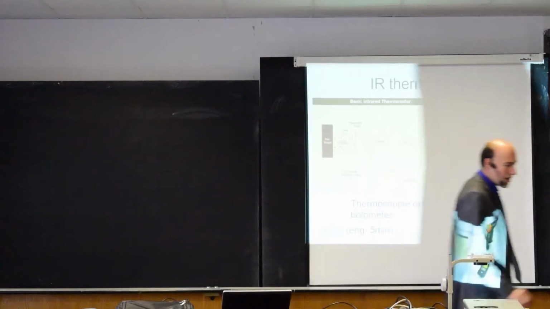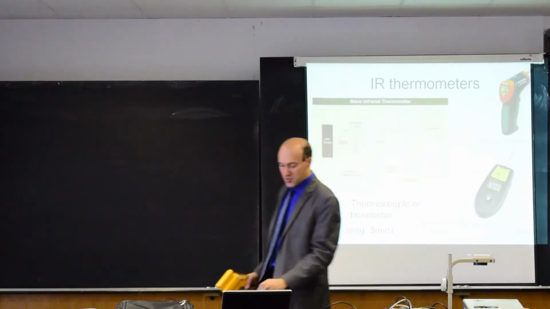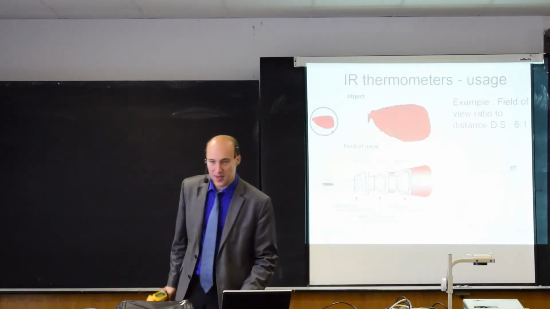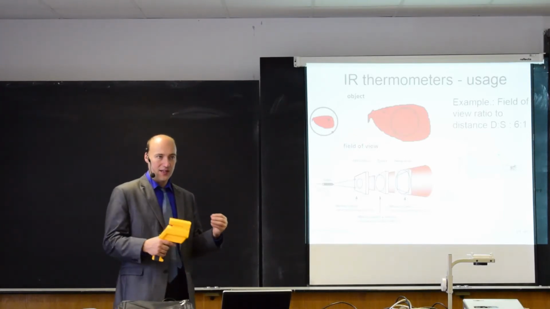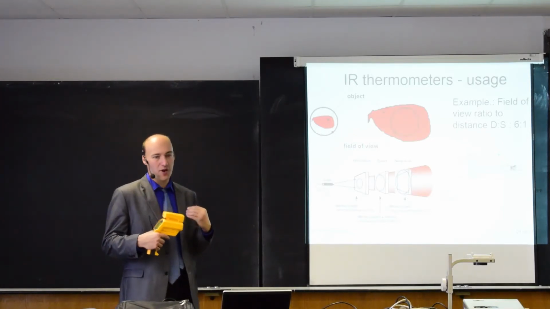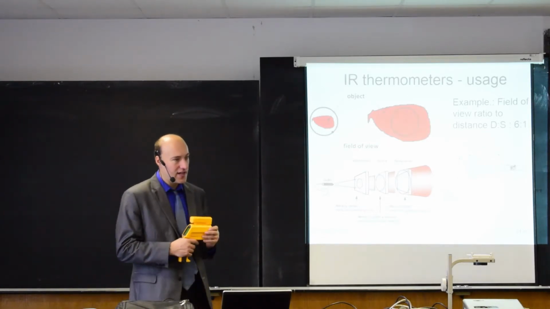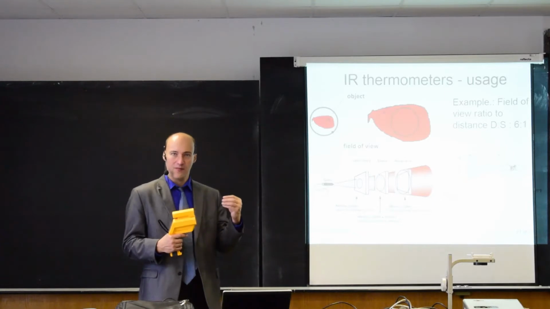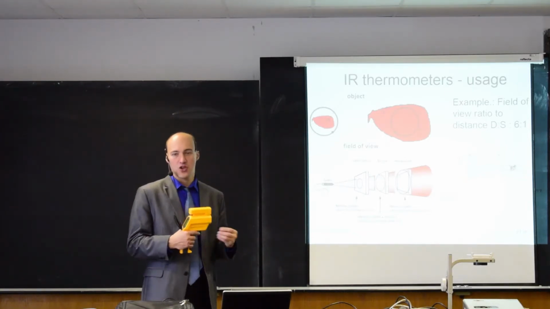When you work with infrared thermometers, it's quite important to use them correctly. We always need to keep in mind that the information that we get is radiation, it's not temperature. And that we always have the sum of emitted radiation, reflected radiation, ambient radiation, and so forth.